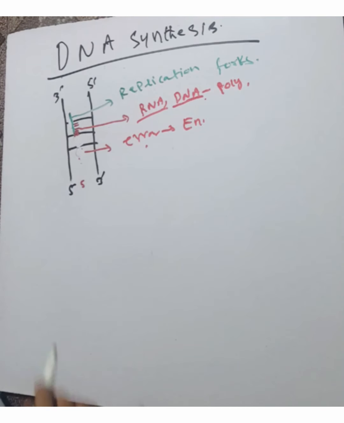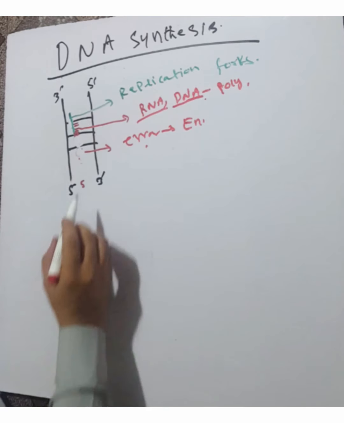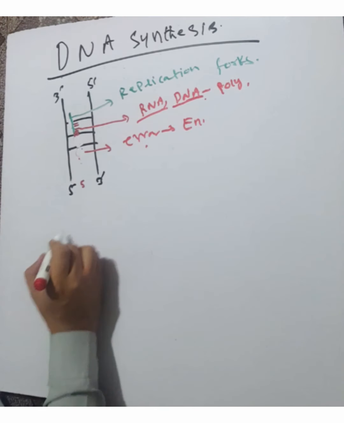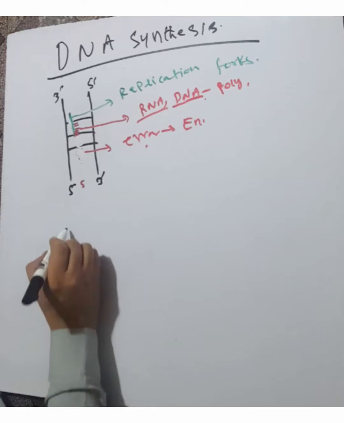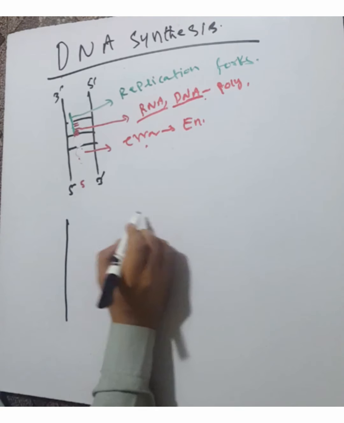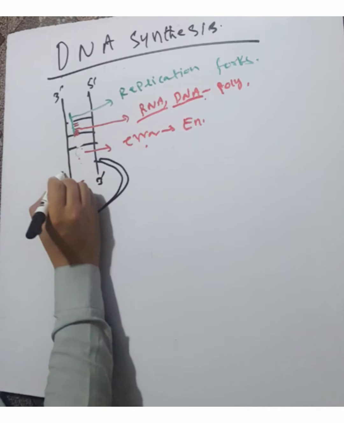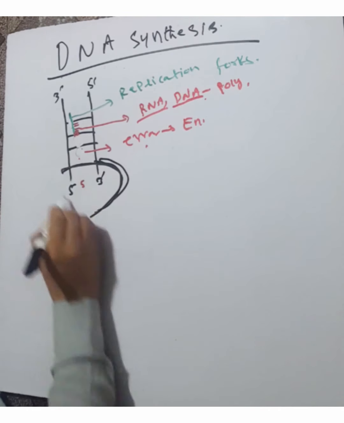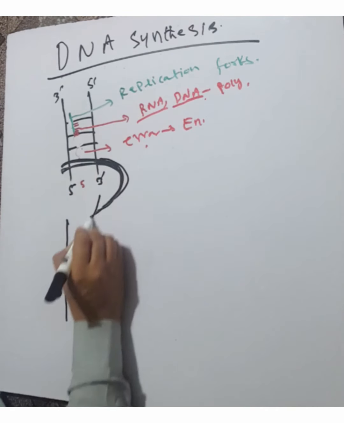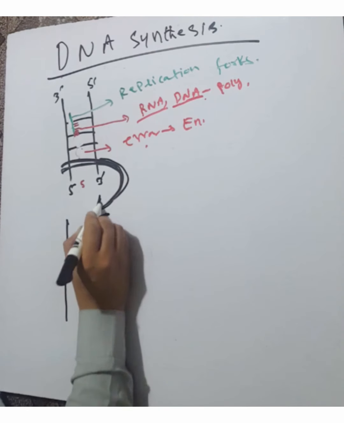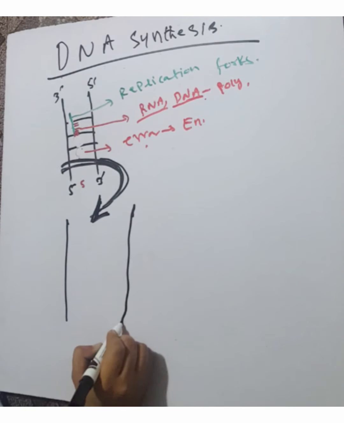The second stage is the unwinding, or separation, of these two strands. For example, these two strands are the template strands, that is, the original strands. They become separated.